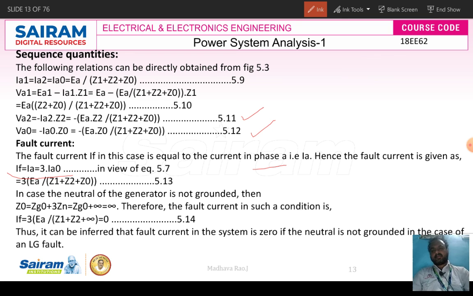I0 we already know from equation 5.9: 3 into EA divided by Z1 plus Z2 plus Z0.